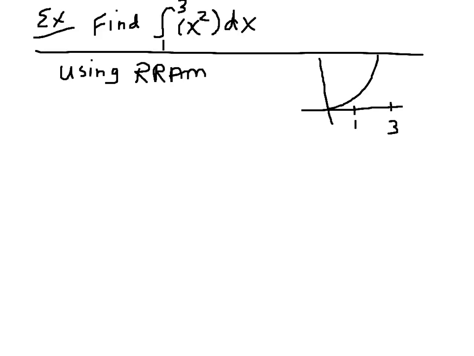Alrighty, so what we'll do now is look at a rather challenging example that'll show you how we can use these definitions and this notation to find the exact area under a curve. So in this case, we're looking for the exact area under the curve from 1 to 3 of y equals x squared.